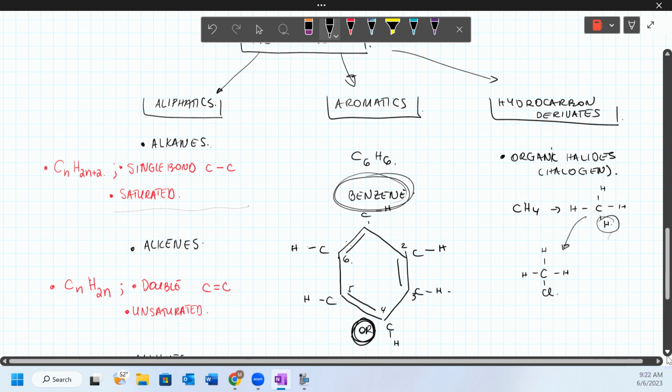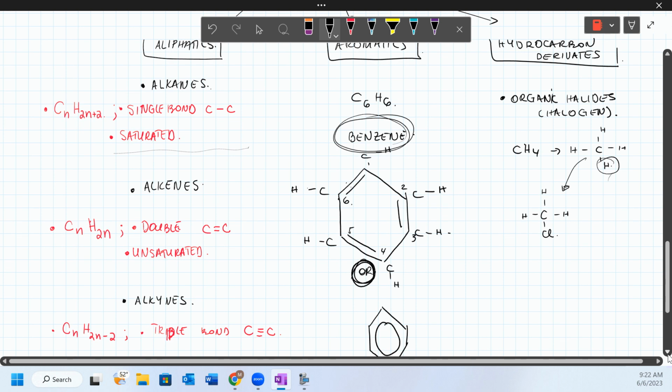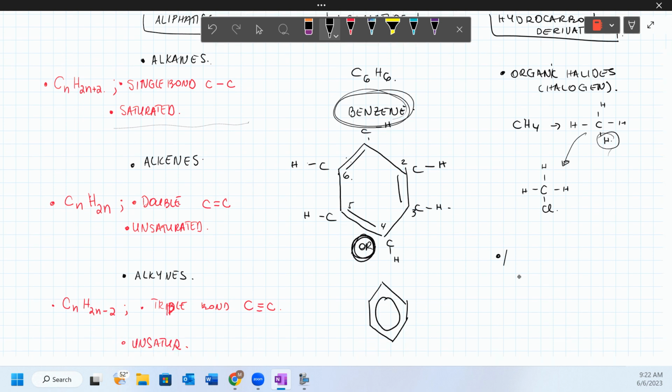The second group of the hydrocarbon derivatives is what is known as the alcohol. Again, one of the hydrogens is replaced with hydroxyl, which is the group OH. So let's stick with methane here.